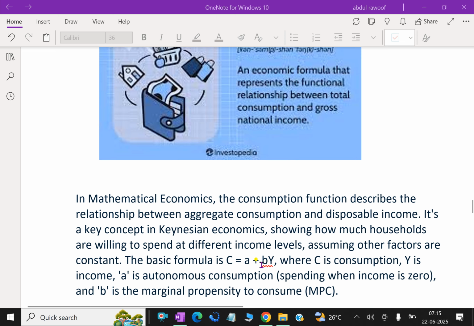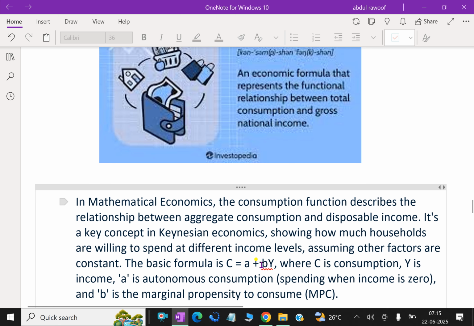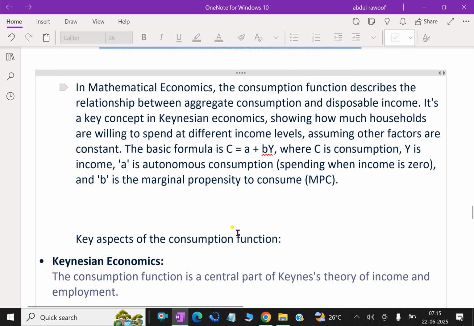In mathematical economics, the consumption function describes the relationship between aggregate consumption and disposable income. It's a key concept in Keynesian economics, showing how much households are willing to spend at different income levels, assuming other factors are constant.